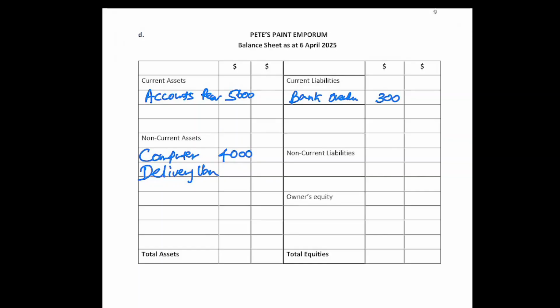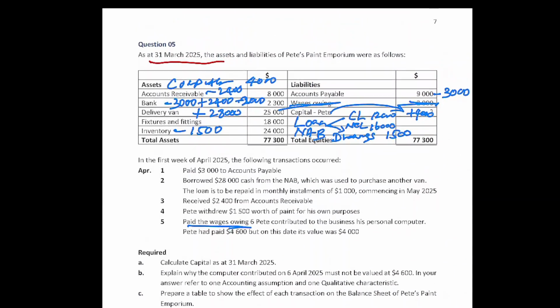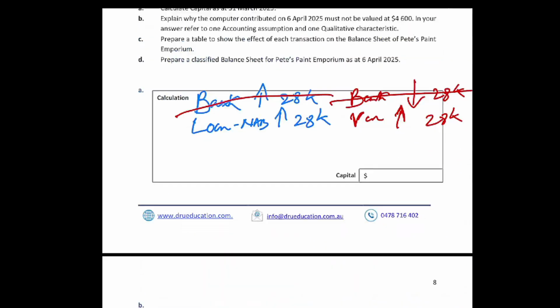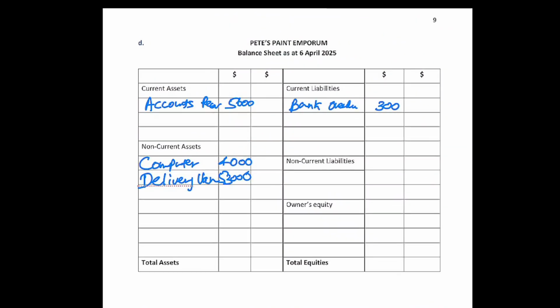How much was it? 53,000? Yeah, delivery van 53, okay?